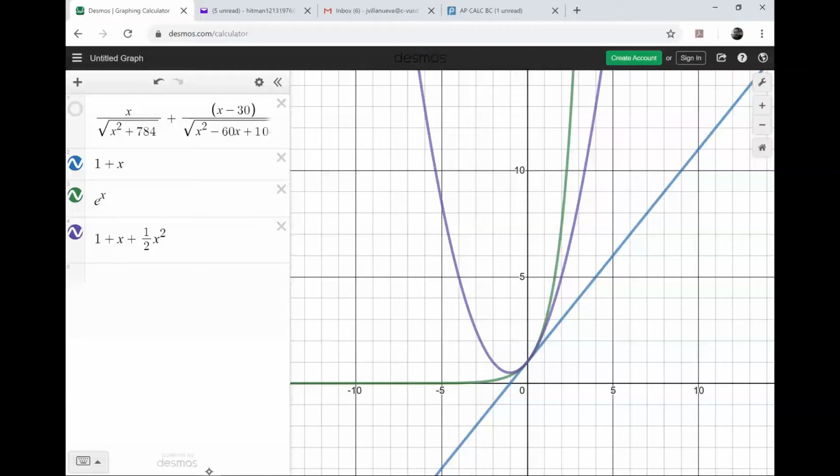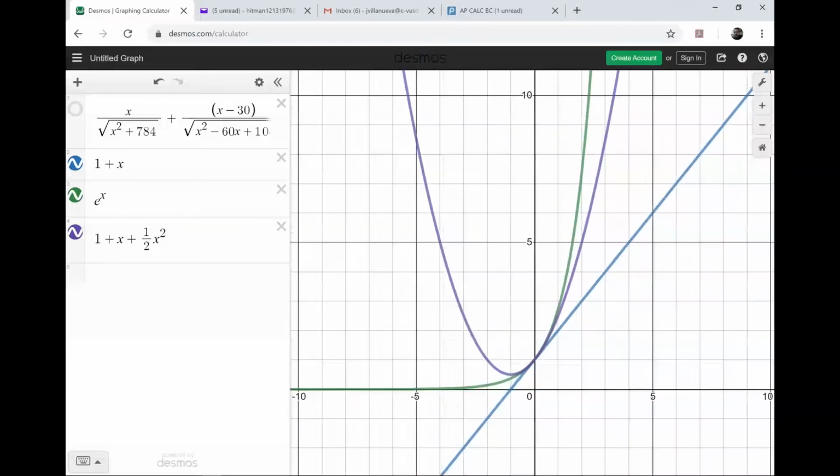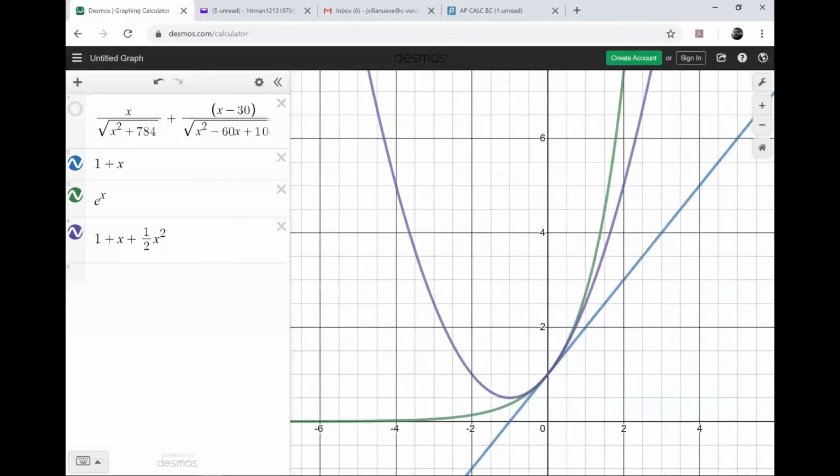So you might have said that the blue one looks pretty accurate from negative half to half. But could you say that the purple one looks pretty accurate from negative 1 to maybe 2? From maybe negative 1 to 2, you might say, yeah, it's not too bad. It's not too far off. So notice how my domain of accuracy is growing.